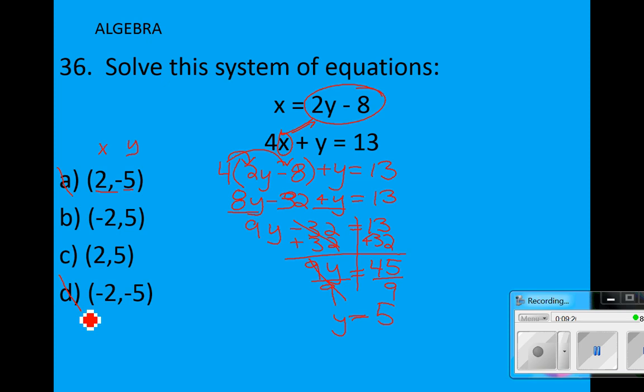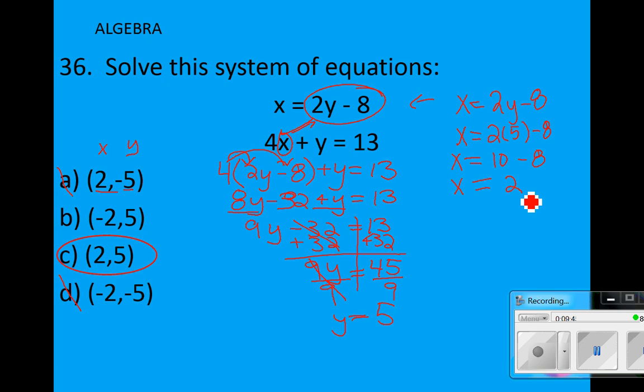Now I'm going to go up to this equation and substitute in what the y equals, which is 5. x is going to equal positive 2. So I know my answer choice is going to be C, 2, 5.